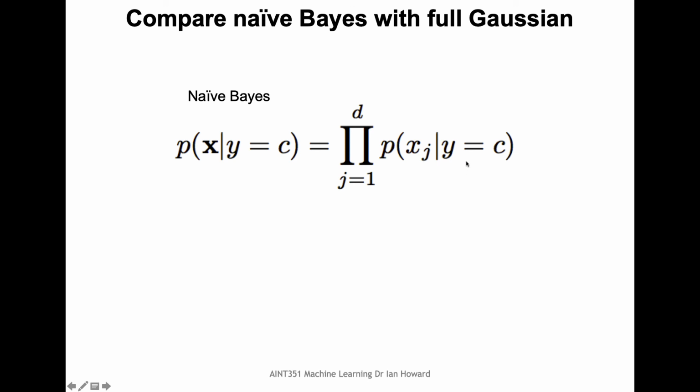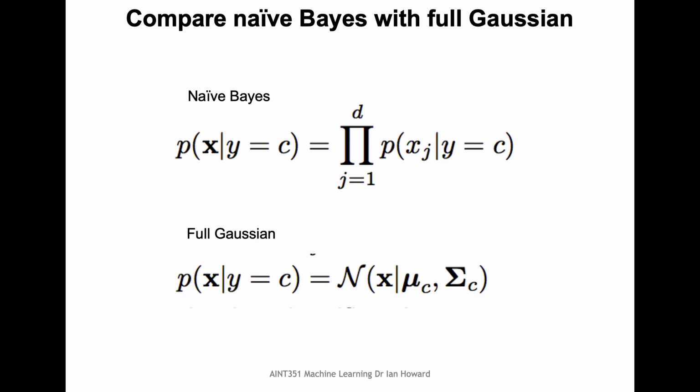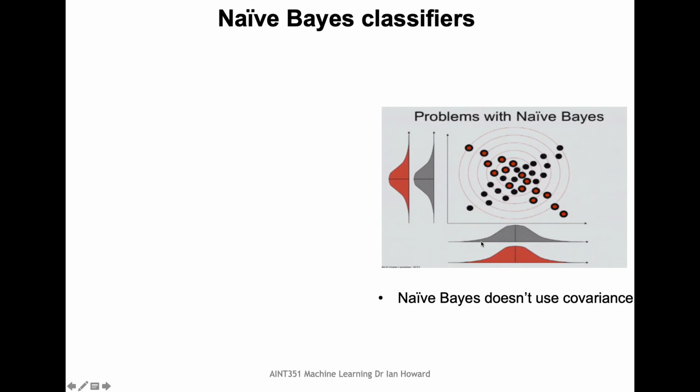We just multiply the distributions for each feature together rather than having to use this big Gaussian formula. The full Gaussian formula, of which this is a shorthand version, would involve calculating using the full mean vector and the full covariance matrix.